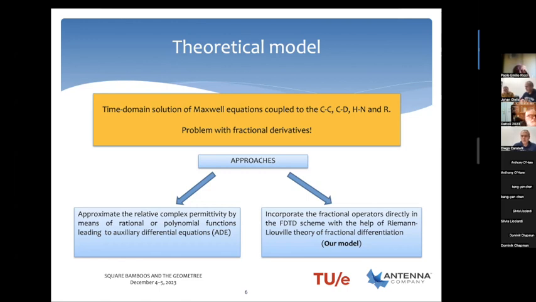So we want to obviously reduce, and eliminate actually, this type of limitation and approximation, and our purpose today is to show how to plug fractional differential operators directly into an FDTD scheme. FDTD stands for finite difference time domain technique, and is a well-known algorithm and methodology to solve Maxwell equations.